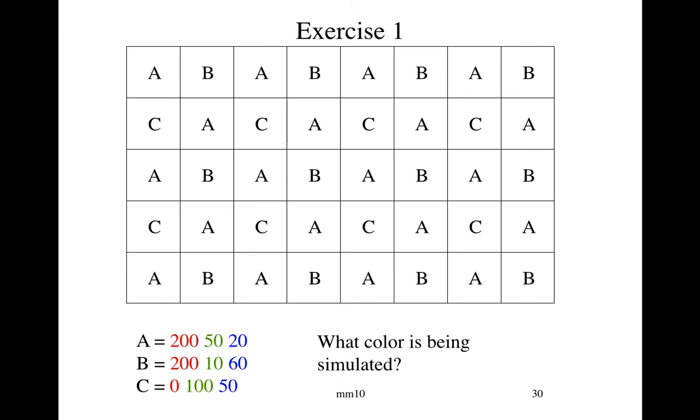For the green, it's going to be 50 plus 50 plus 10 plus 100, which is 210 divided by 4. And for the blue, it's going to be 20 plus 20 plus 60 plus 50, which is 150 divided by 4.